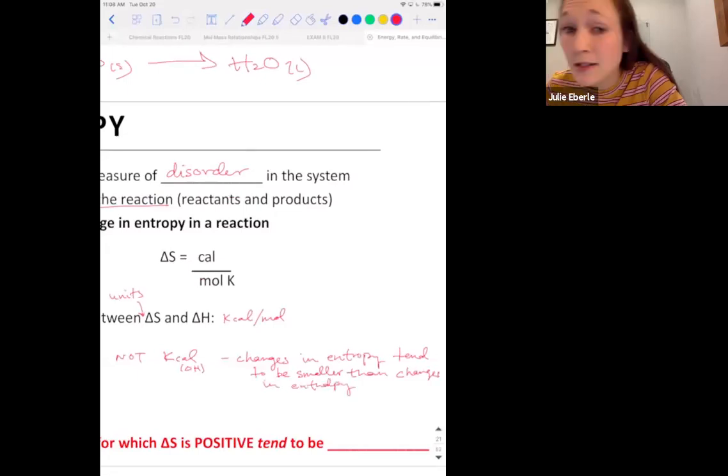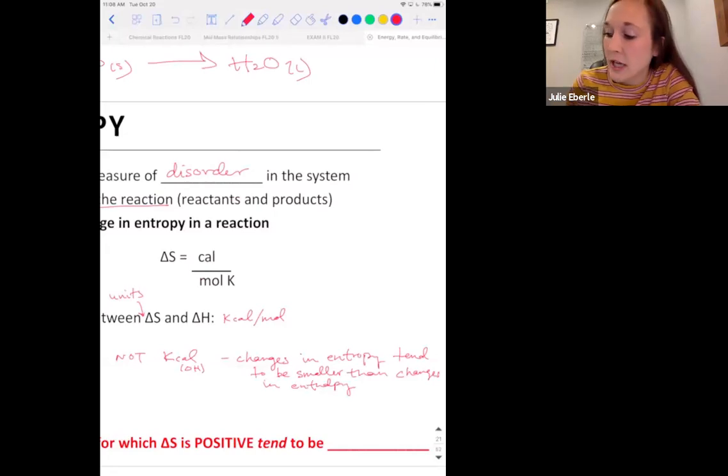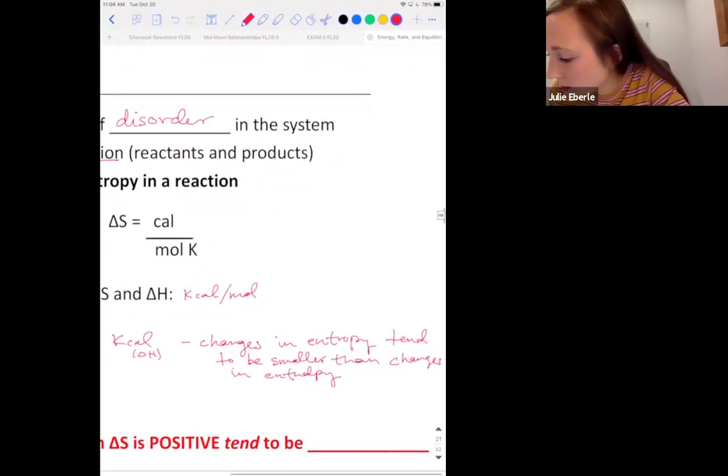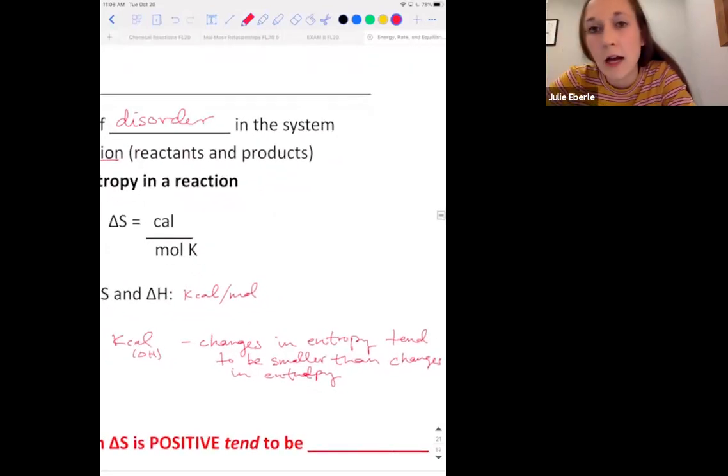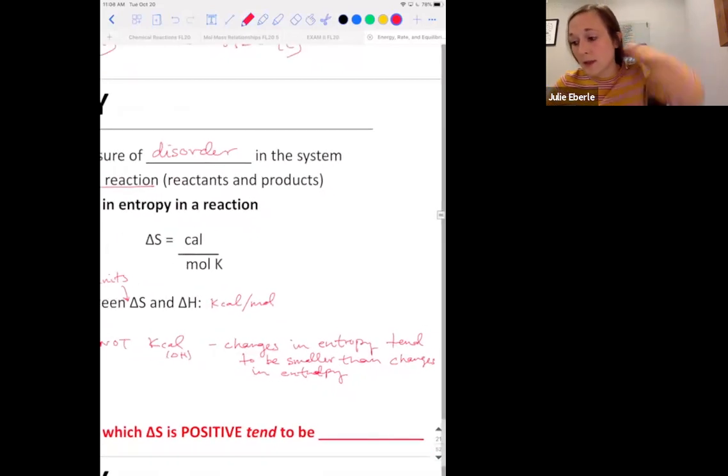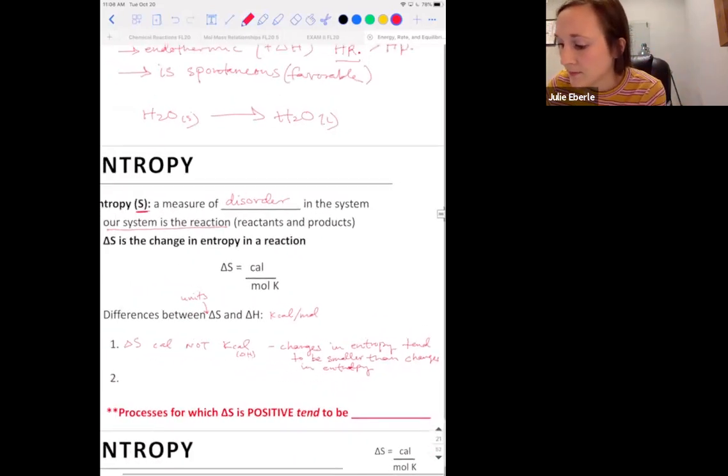Sorry, this is enthalpy down here. That's why we use a smaller unit. That doesn't mean they don't matter. They just tend to be smaller.